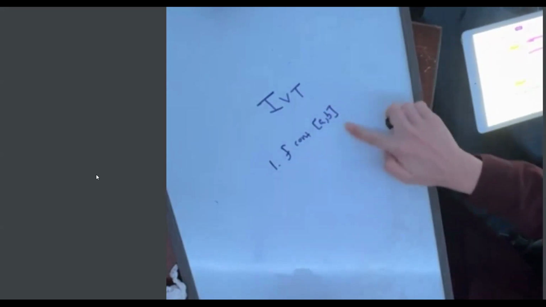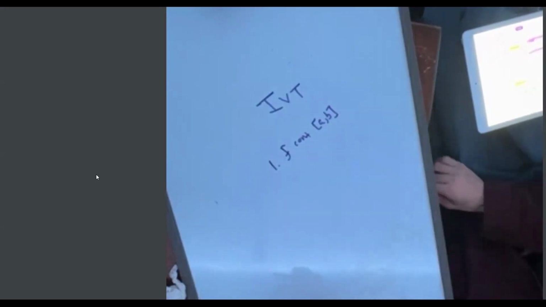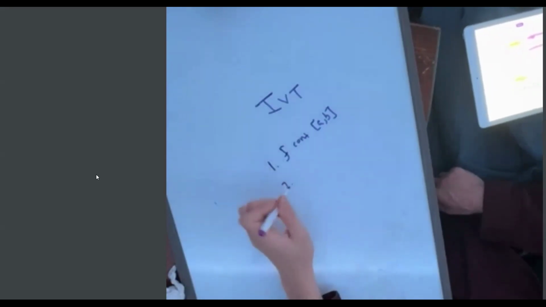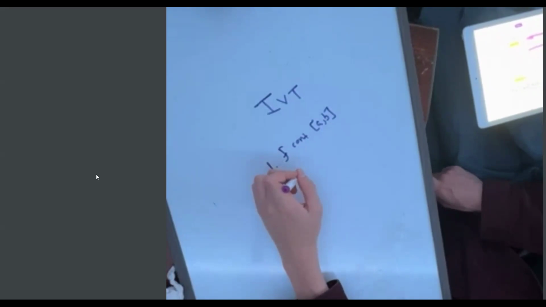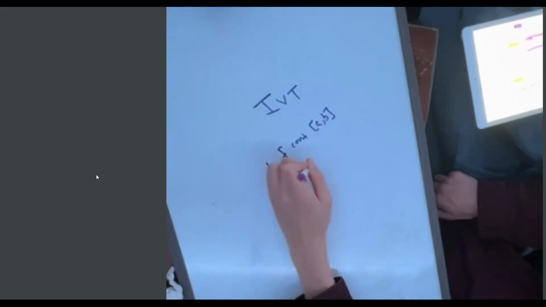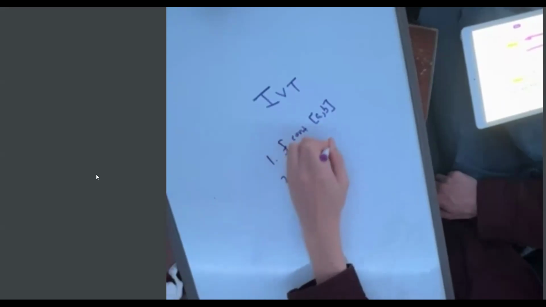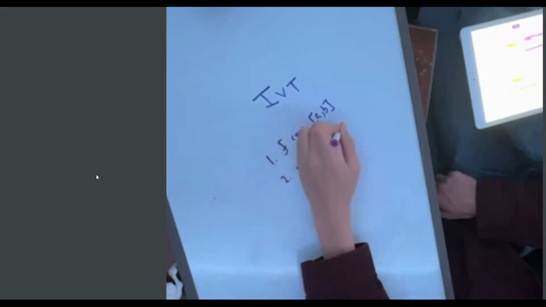And how do you know if it is? I already said before, for all values in that interval, they must have actual values, the limits must exist, and they must be the same. Second thing is, there must be a value in between f of a and f of b.